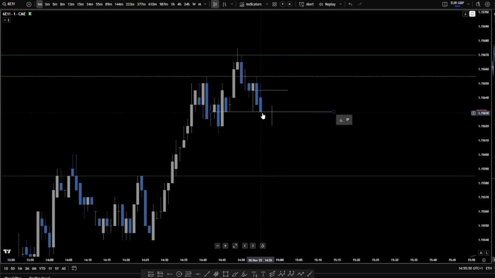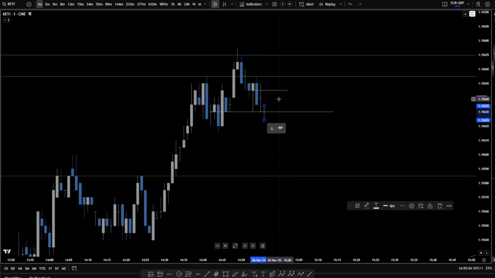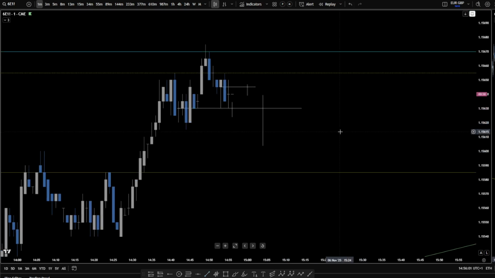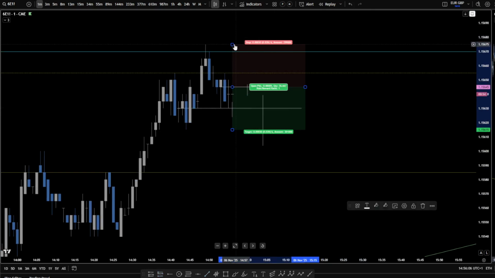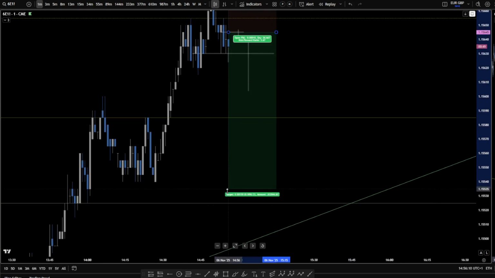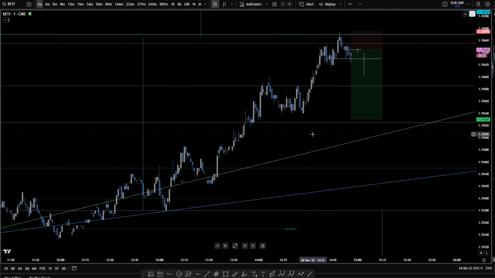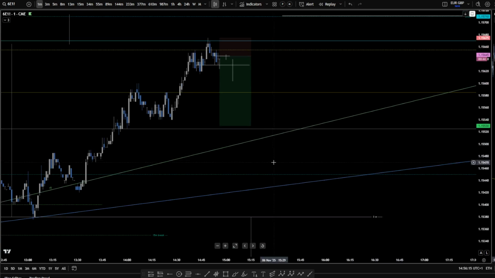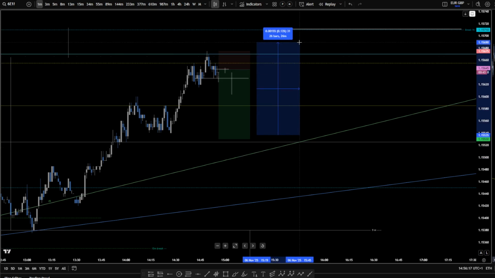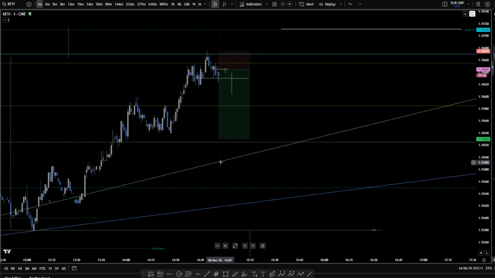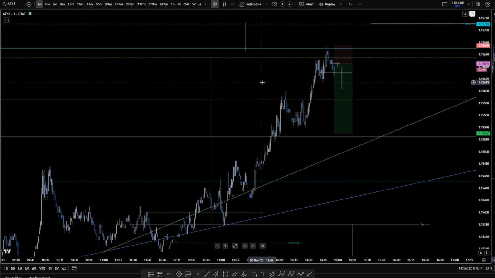Yeah, I think I will be going for, once this 1 minute closes below this level, I go to here, to continue the move down, stop loss at the high, take profit at 15-minute trend, because if it holds or rejects like this, means the 15 is attacking the hourly.